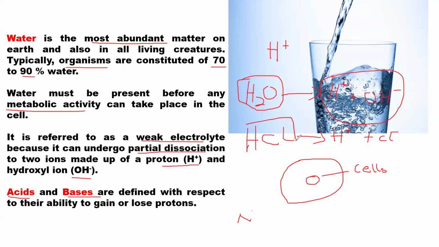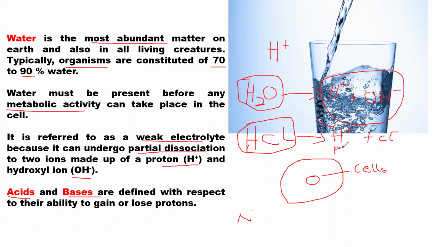For example, this is an acid. Why? Because we have HCl, and this HCl now loses hydrogen ion. So you see, hydrogen ion is lost, and remember I said hydrogen ion is a proton.